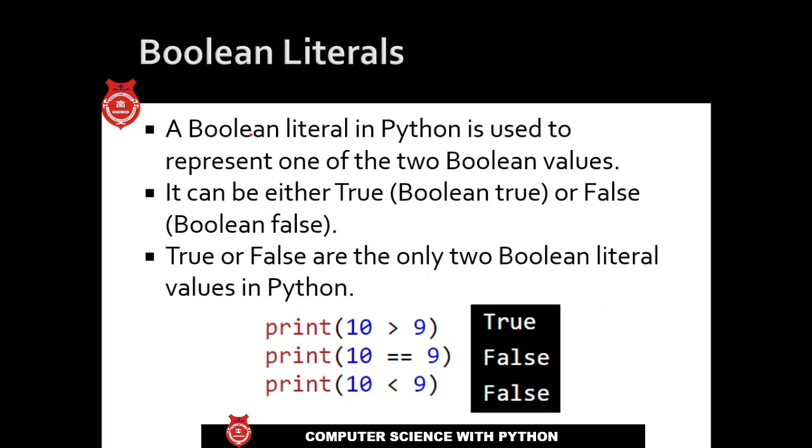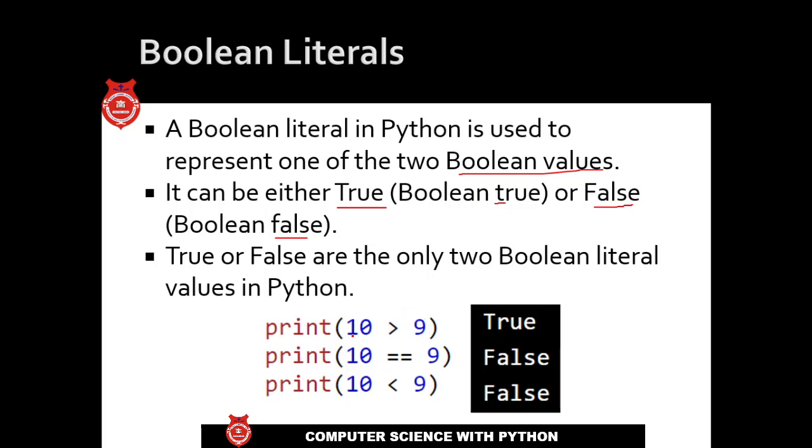Alright, we also have Boolean literals. Boolean literal in Python is used to represent one of the two Boolean values. The Boolean value can be True or False. Okay, remember, True means capital T, False means capital F. If you have written in small letter, it will not be accepted as True or False.